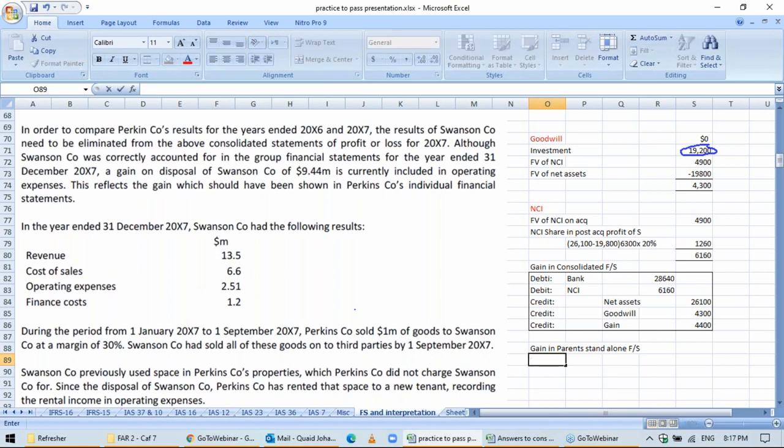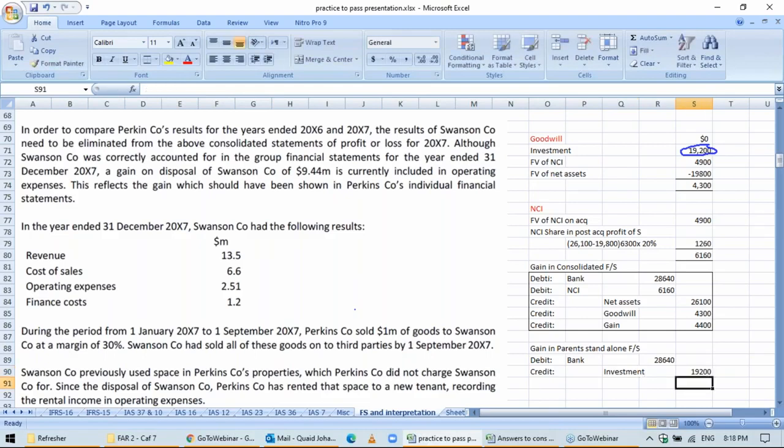They will debit the bank by the sale proceeds, 28,640, and they will credit the investment, which they purchased for 19,200.